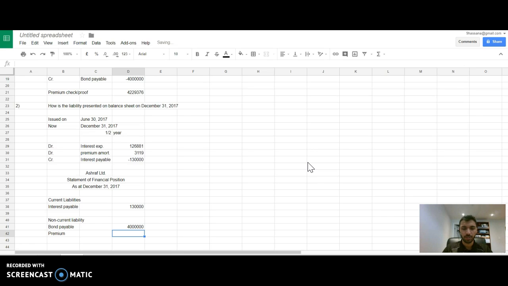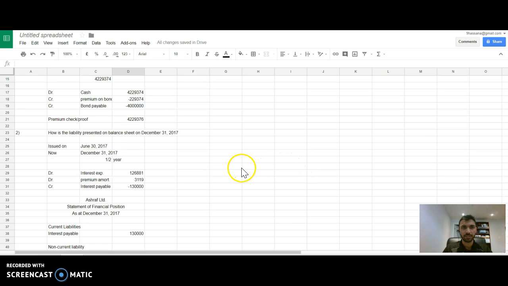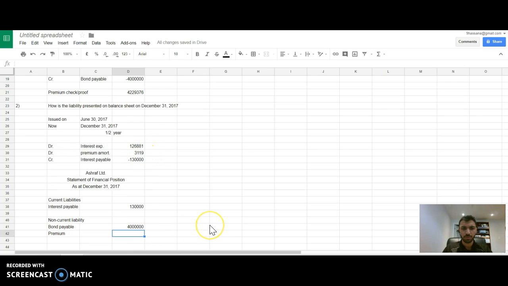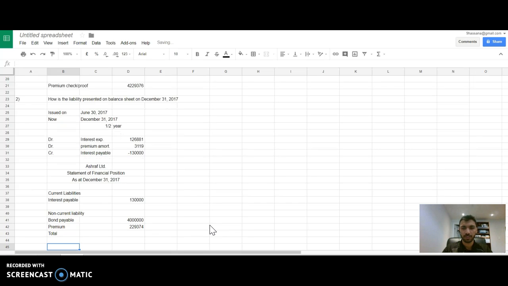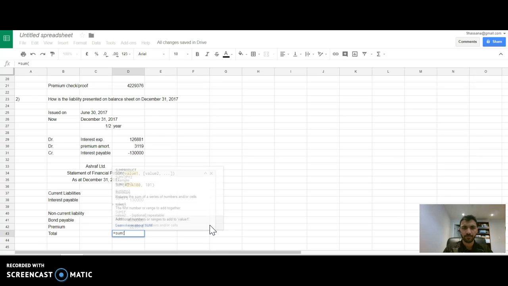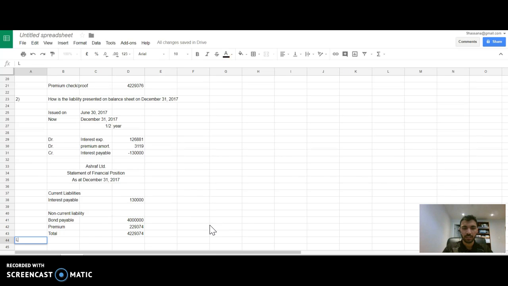First let's take the original premium that we calculated, which was 229,374. You take the total and put that in there. Then you go less premium amortization, which is what we just calculated here, 3,119.